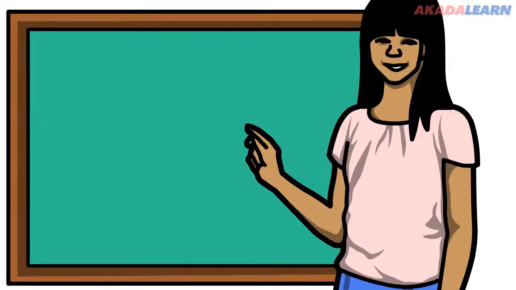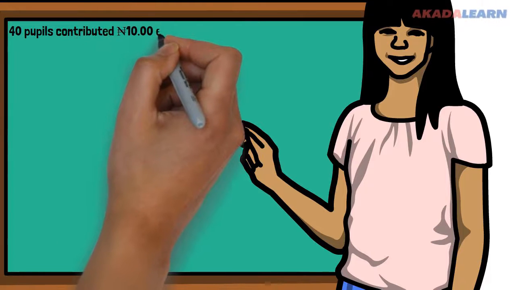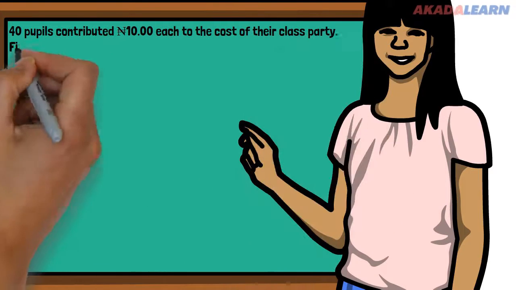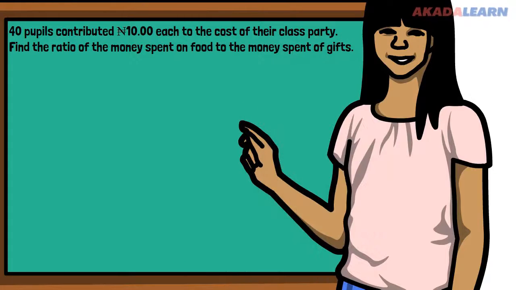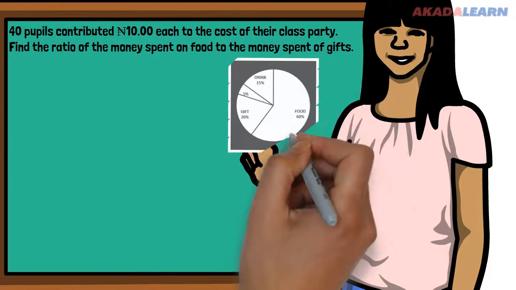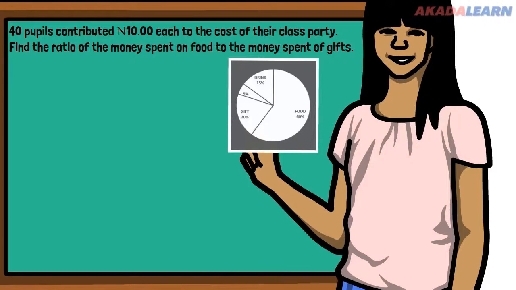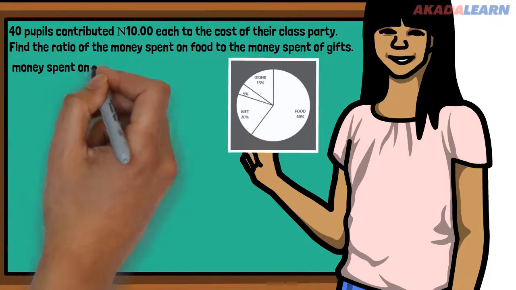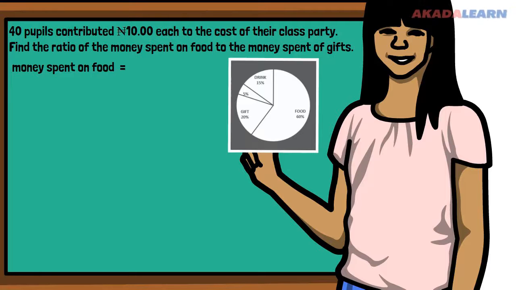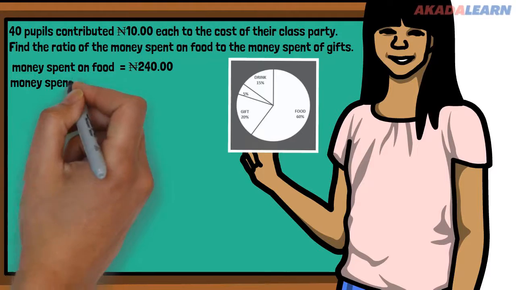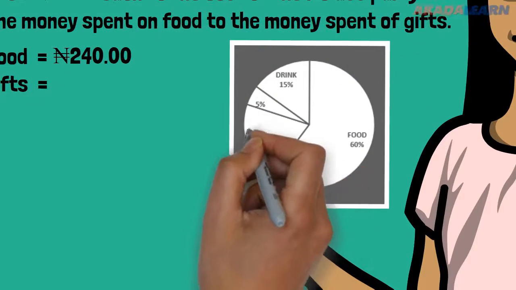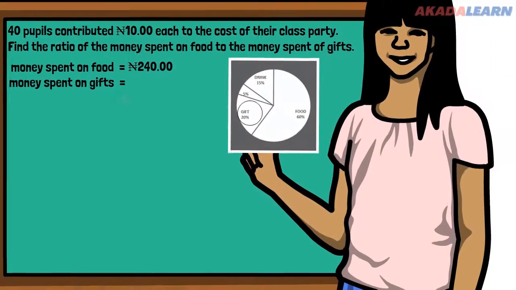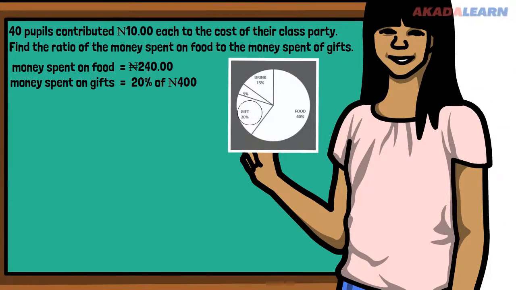So let's look at our next question. Of course, the same pie chart question. So the question is, find the ratio of money spent on food to the money spent on gifts. So let's look at the pie chart again. Money spent on food is equal to 240 naira, because we found that. Money spent on gifts is, look at the percentage there, that's 20% of 400 naira, the total.